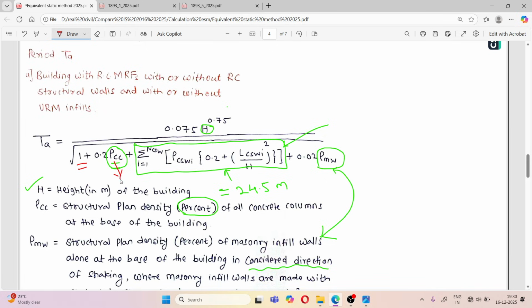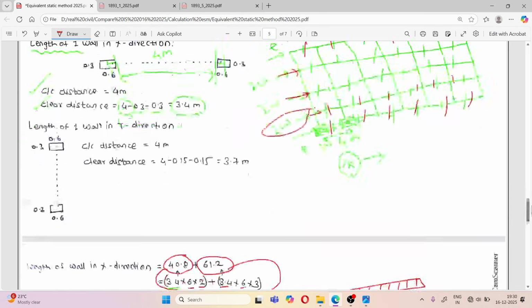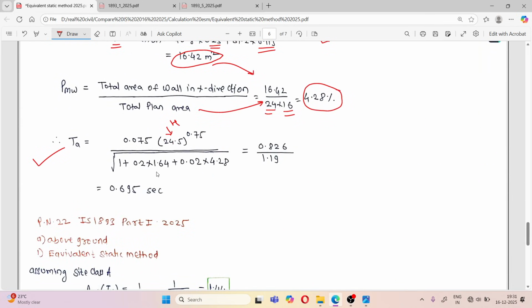As there is no structural wall, this part we will skip, or it will be 0, and put this value 1.64 here and 0.02 into 4.28. So just put the values and you will get the time period of the structure as 0.695 seconds.